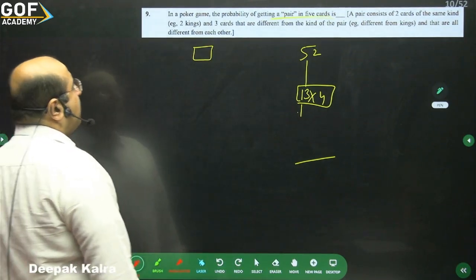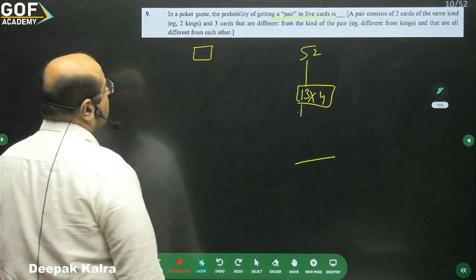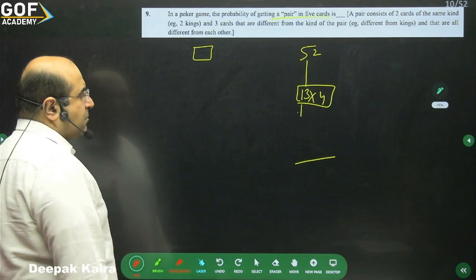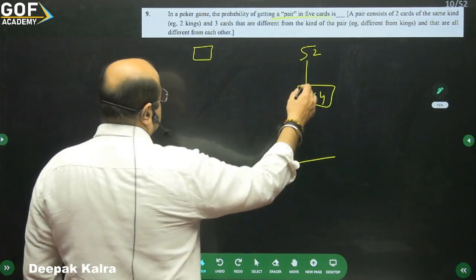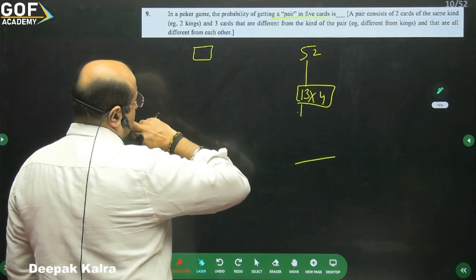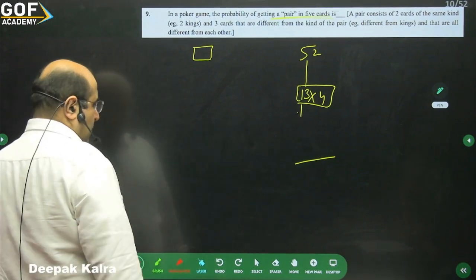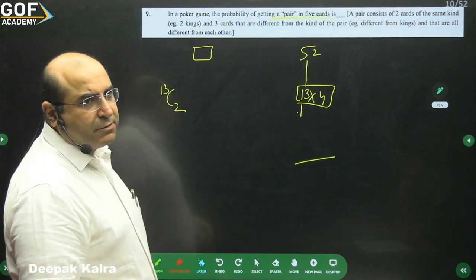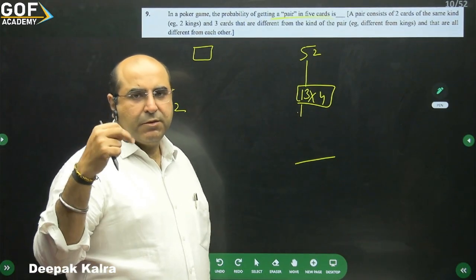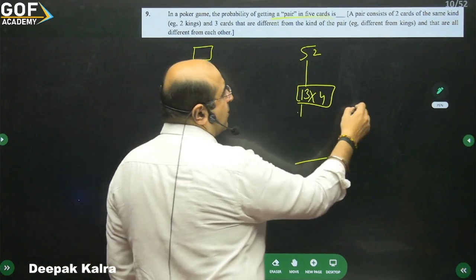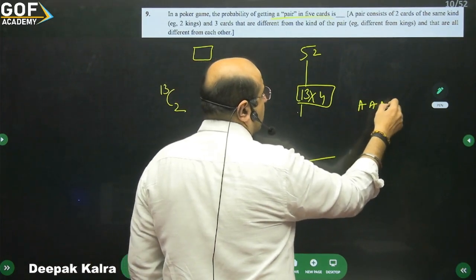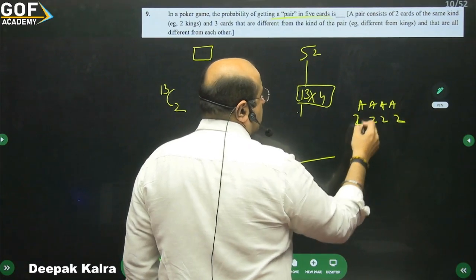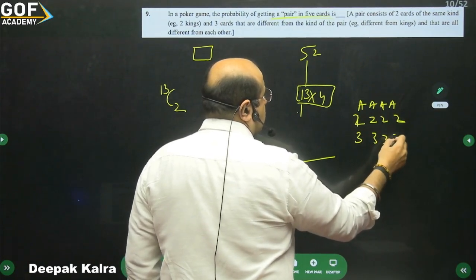So out of that, we want exactly a pair in 5 cards in a poker game. Out of these 13 groups, you understand these 13 groups? Ace 4, 4 twos, threes, like this.